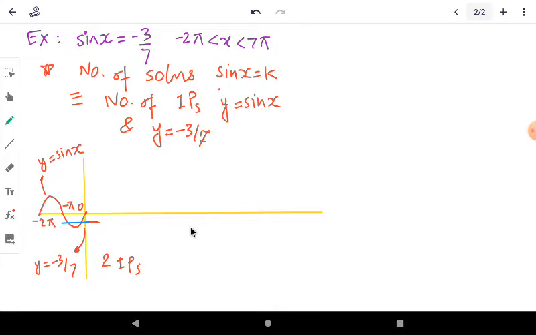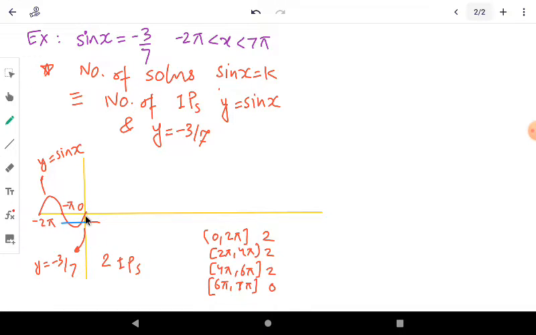So we can say that from 0 to 2 pi we will get 2, 2 pi to 4 pi again 2, 4 pi to 6 pi again 2, and 6 pi to 7 pi we won't get any solution. So in totality we will get how many solutions? We will get 8 intersection points, so 8 solutions.